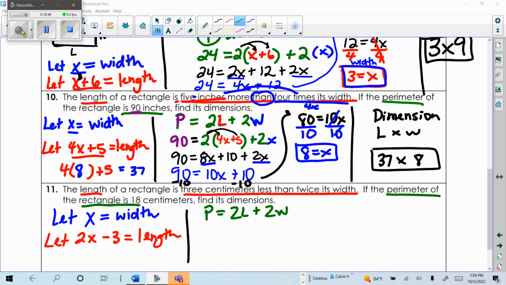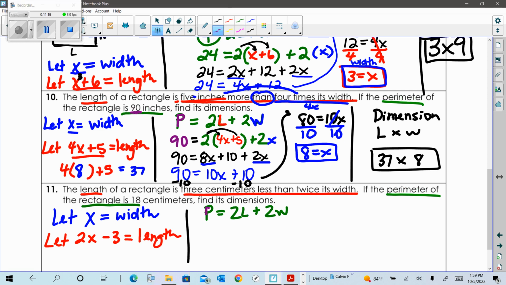All right, so hopefully you let x equal your width. And maybe for your length, you wrote the expression, since it was 3 centimeters less than twice the width, 2x minus 3. So now we are plugging in the value of our perimeter into the formula. We know the perimeter is 18. So see if you can get to substituting into the equation the parts that we have.